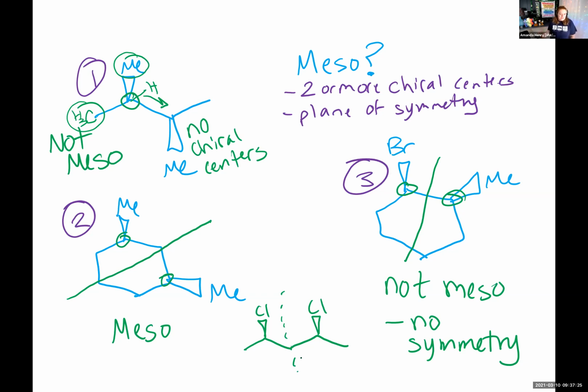Seeing the plane of symmetry in a ring shape is a lot easier because it's locked in that form. So it's often what's used as examples in practice problems, but meso compounds do exist in chains as well. So let me add a little meso label down there. Any other meso questions?